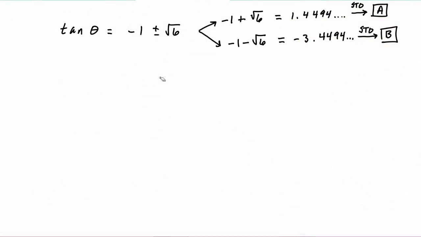So we will get two equations out of this. One where tangent of theta has to equal 1.4494, and another where tangent of theta has to equal negative 3.4494, etc.